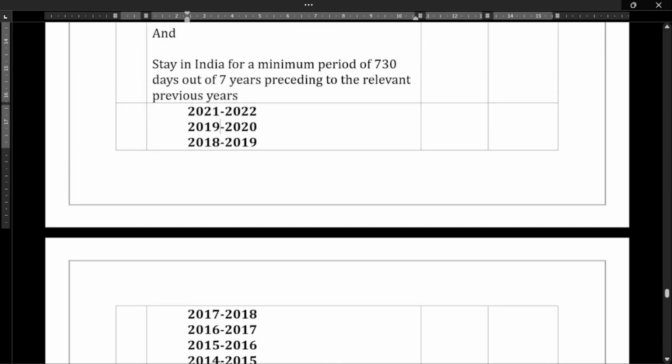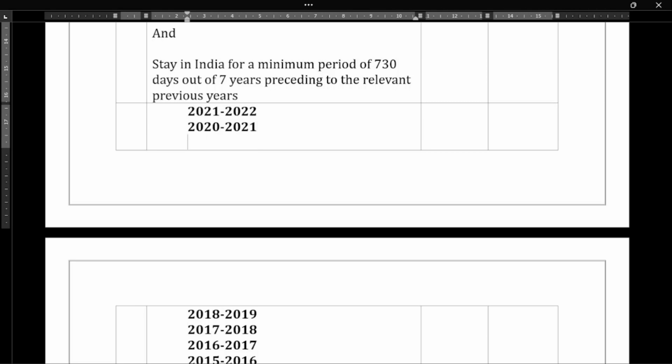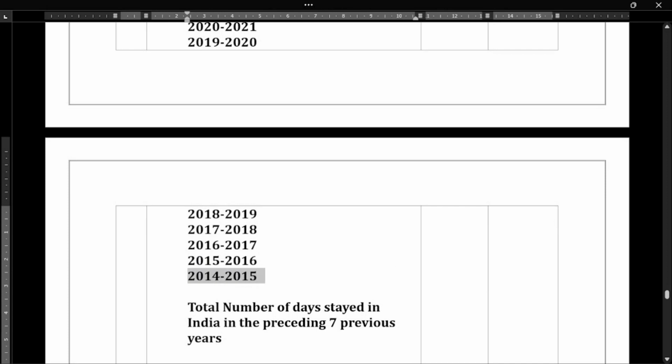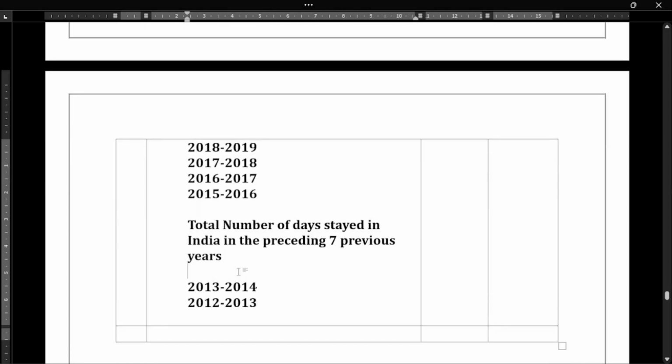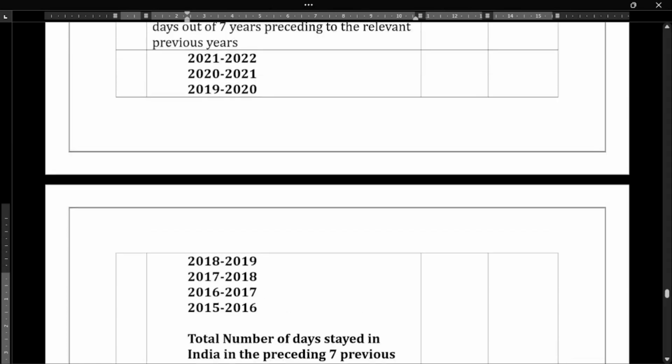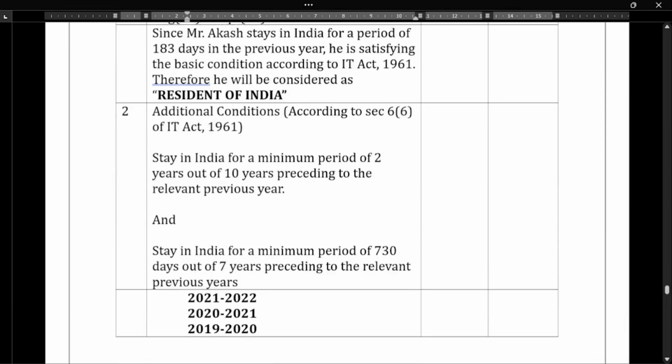Here I have missed out 2020-21. So 2019-20 should come after this. Yes, it's correct now. Now let us start filling up the days.